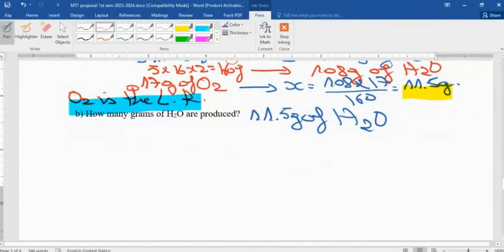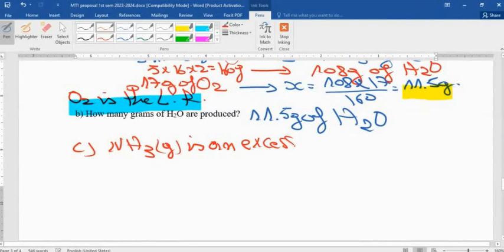Since the oxygen gas is the limiting reactant, what does it mean? It means I have completely used the 17 grams of oxygen gas. How about ammonia? Ammonia gas is in excess.